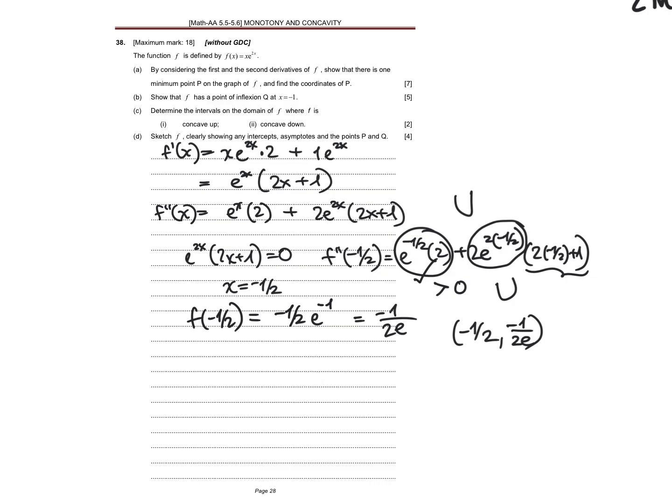So now if we have our second derivative, I'm going to factor out an e to the 2x. So 2e to the 2x, and then we'll have 1 plus 2x plus 1, so it's actually 2x plus 2.